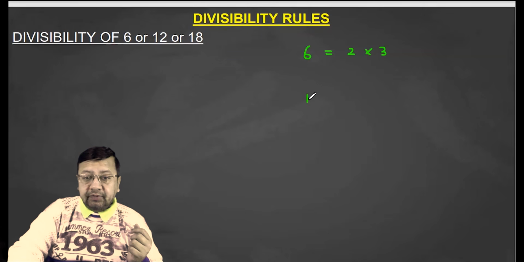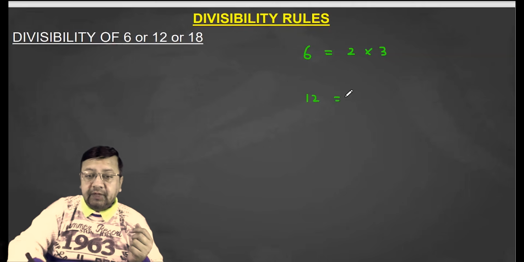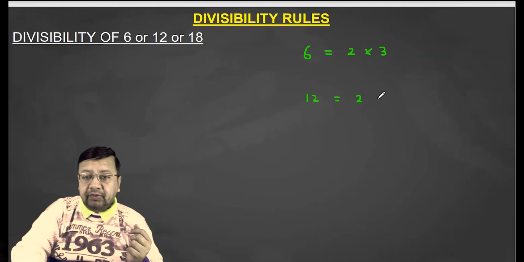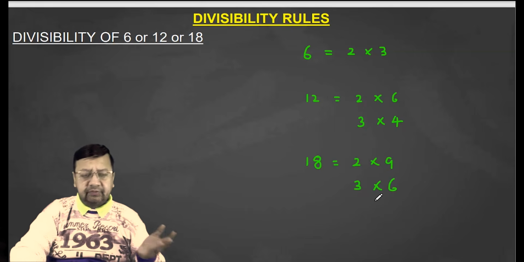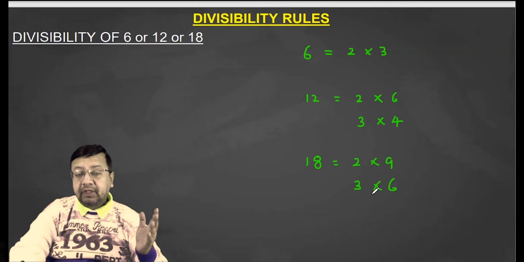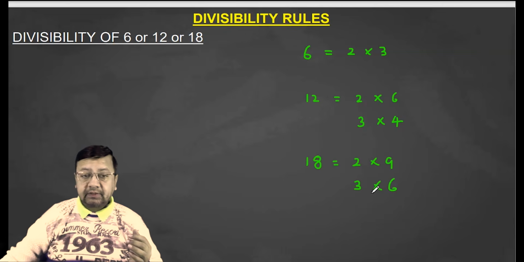If I want to check for 12, 12 can be broken down into 2 into 6 and 3 into 4, right? If I want to check for 18, 18 can be broken down into 2 into 9 and 3 into 6, right?